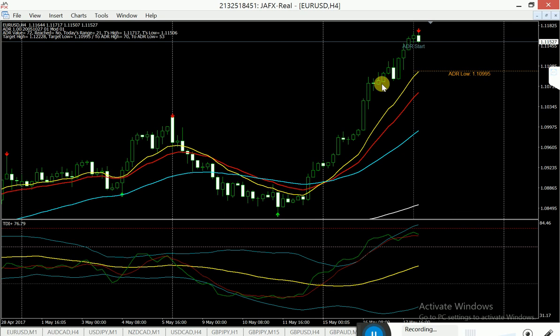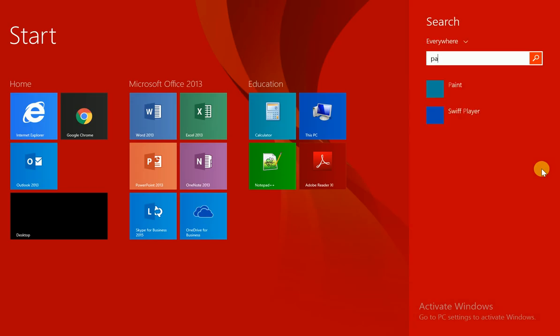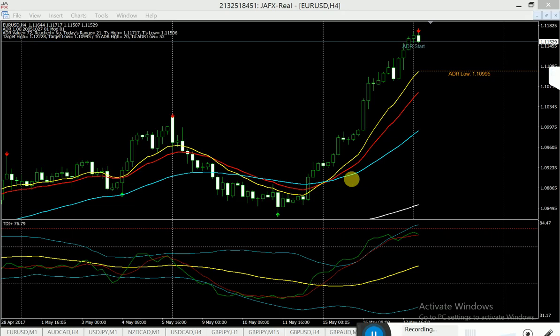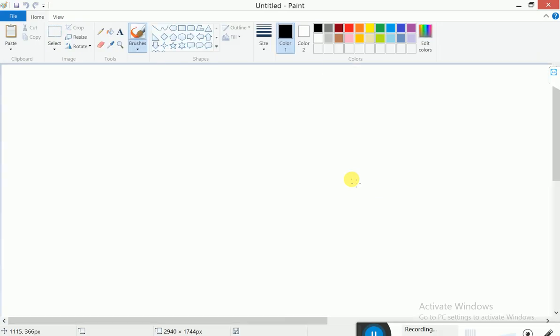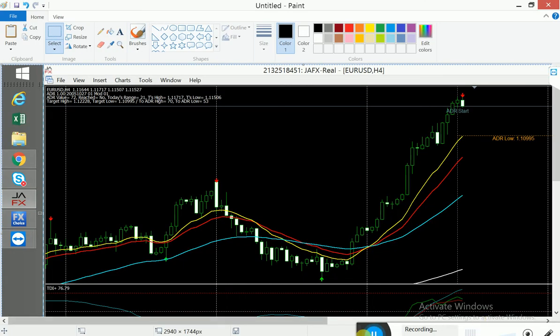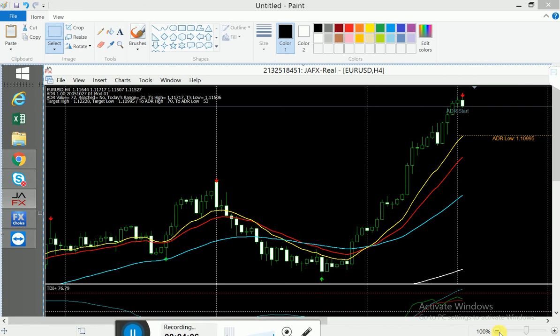All right. Now, I also want to show you guys this. The market moves in a cycle of 3 each week.